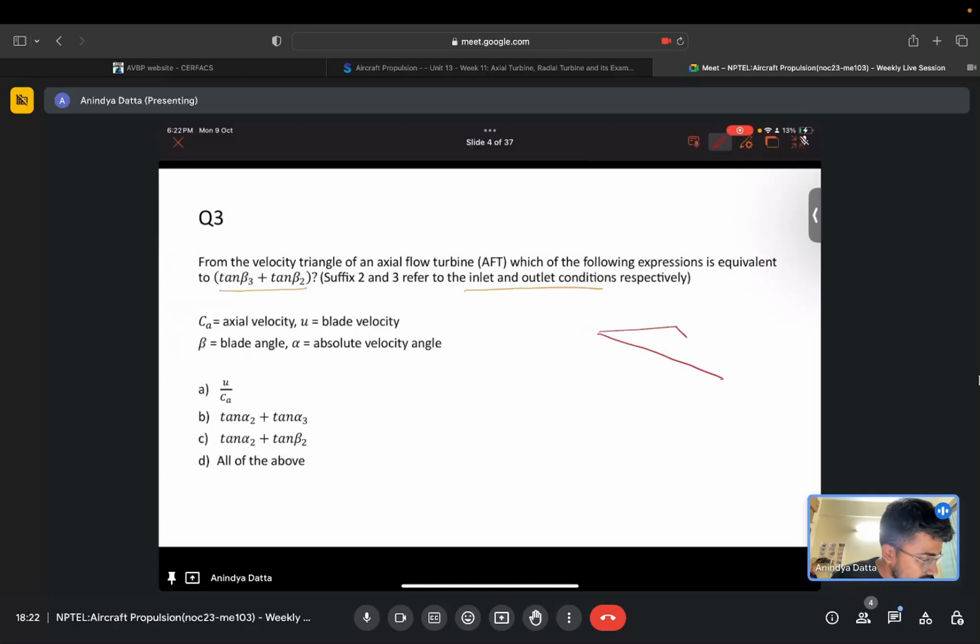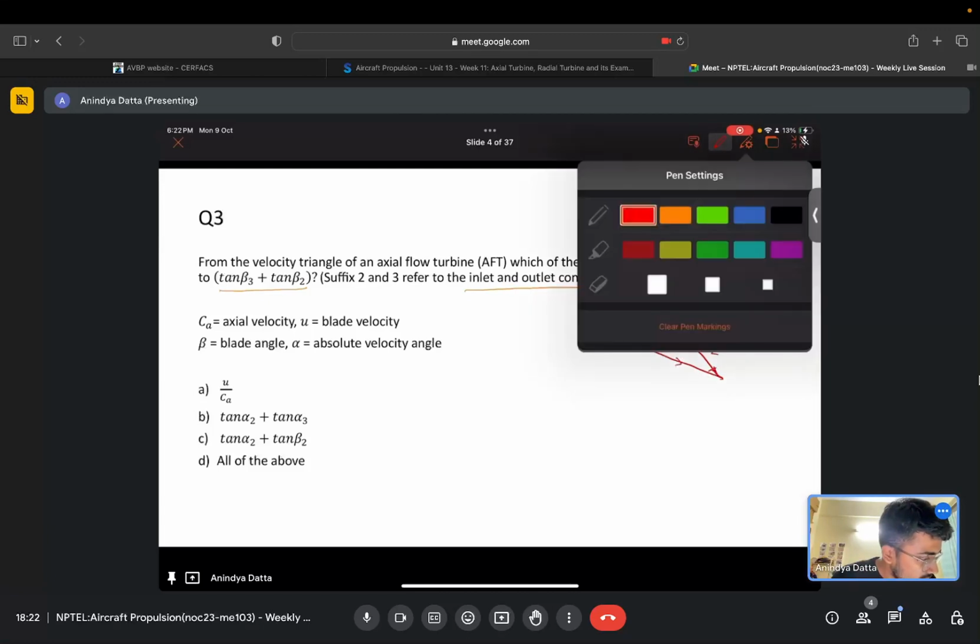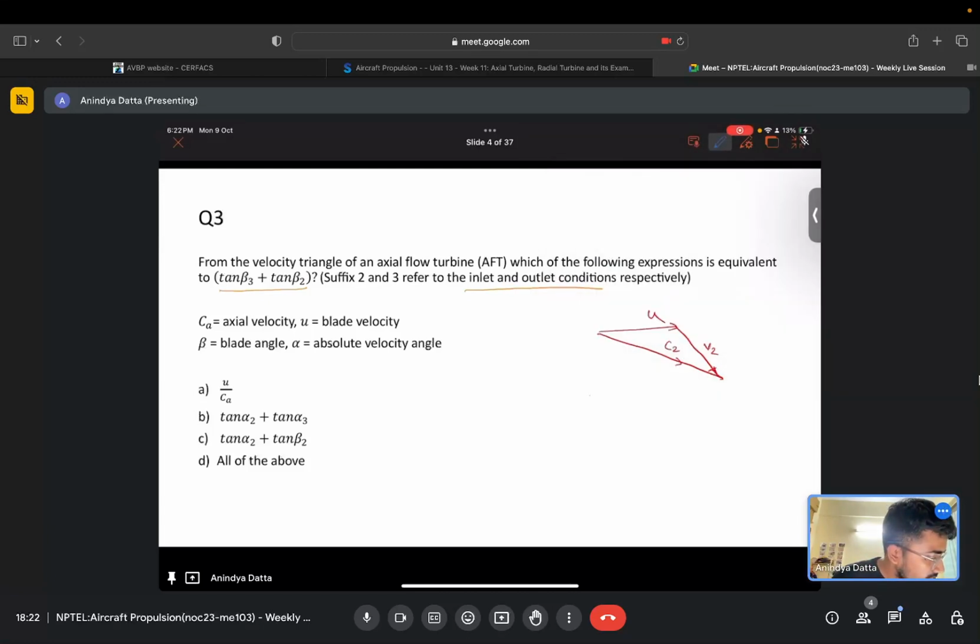So this is our V2, C2, and this is our V3, C3, and the angles are: this is alpha 3, this is beta 3, this is beta 2, and this is alpha 2.